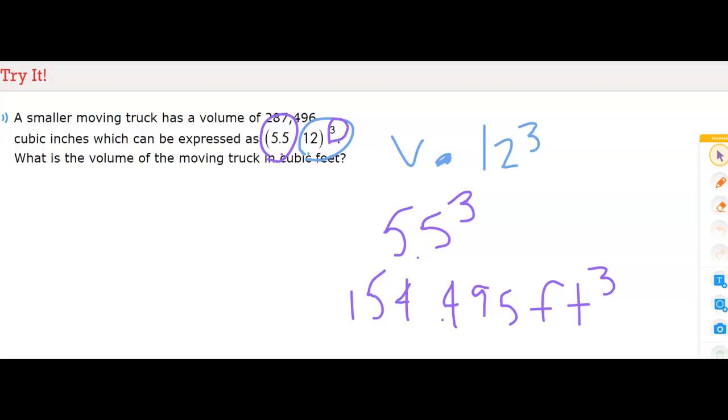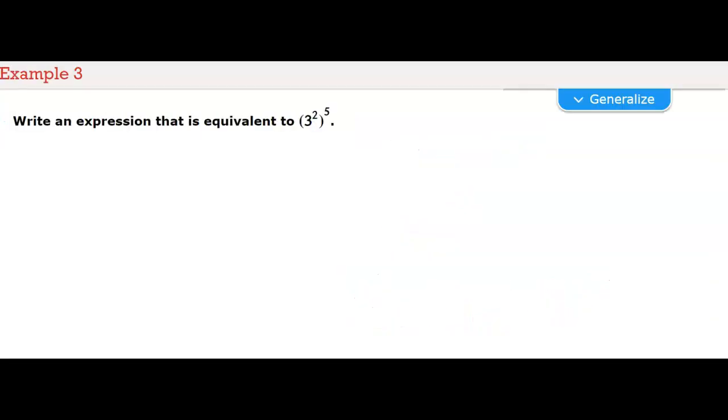So I thought I was putting in 5 times 5 times 5 times 5, and I did not. So let me correct myself and do it again. So 5 5/10 to the third power is 166 and 375 thousandths feet cubed.